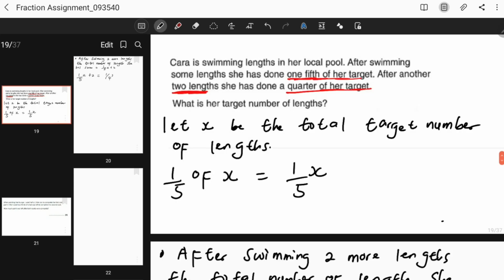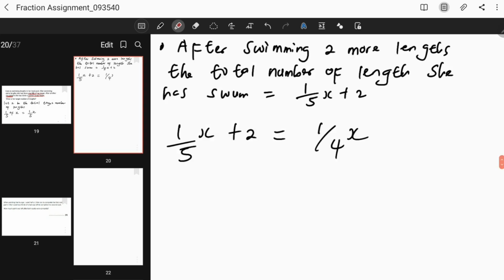You might need to read this problem over and over again. So having said that, I think we can go ahead and simplify.